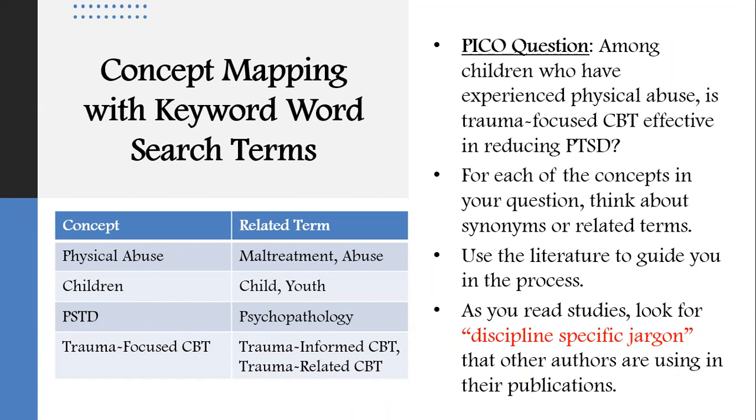That'll give you an idea of how you might tweak your search so that you can be consistent with the terminology that's actually being used in the body of literature that you're trying to tap into, okay? So we want to think about the concepts and also some synonyms or related terms that can help us to yield the information that we ultimately want.